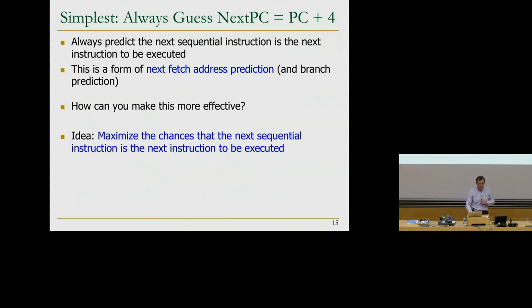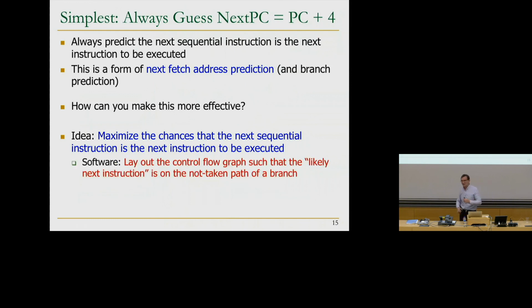So people have developed ways to make this more effective. The idea is relatively simple. You need to maximize the chances that the next sequential instruction is the next instruction to be executed. Now, what does this mean? The compiler can actually change the structure of the code, the control flow graph, such that the next sequential instruction, or the likely next instruction, is on the not taken path of a branch.